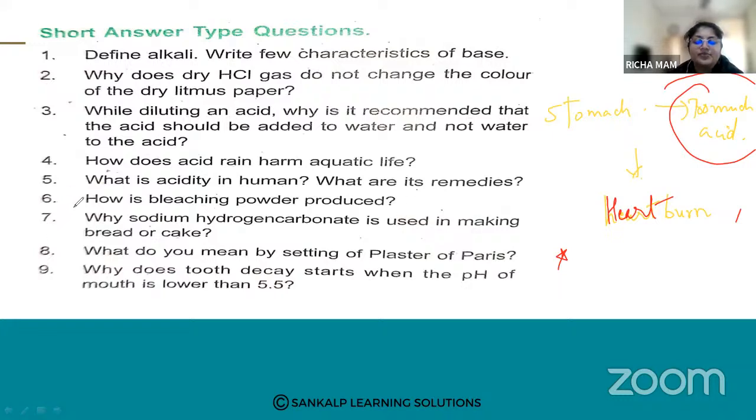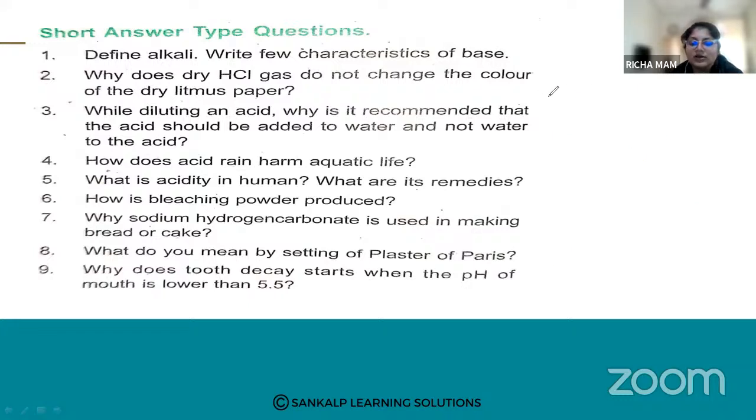Fine. Next question. How is bleaching powder produced? Bleaching powder is produced by passing chlorine gas over dry slaked lime, that is calcium hydroxide.